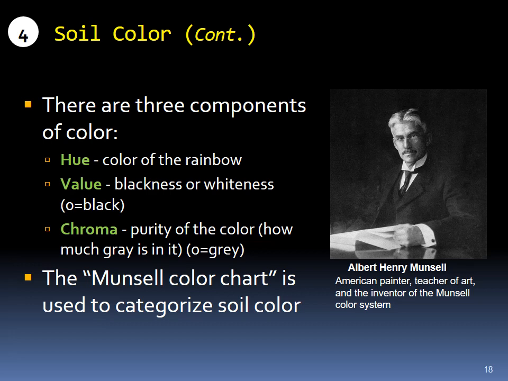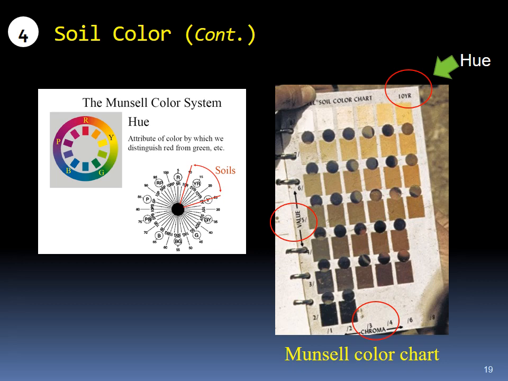Now remember, the purity of the color is basically when the soil becomes naked, or when you remove the paint of the soil, when you remove all of these materials, it goes back to its native color, which is almost pure and gray. To understand these three components, let's look inside one of the pages of the Munsell color chart.